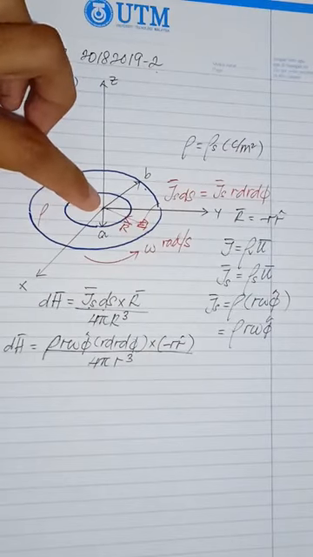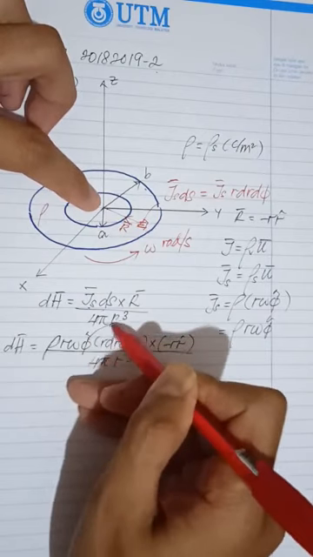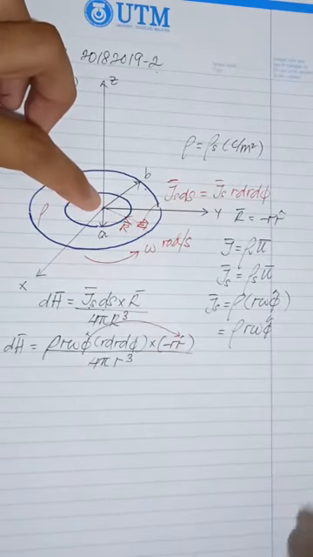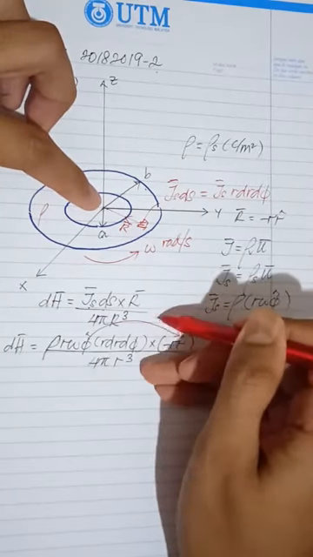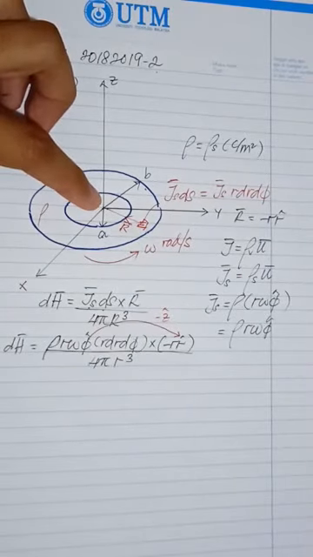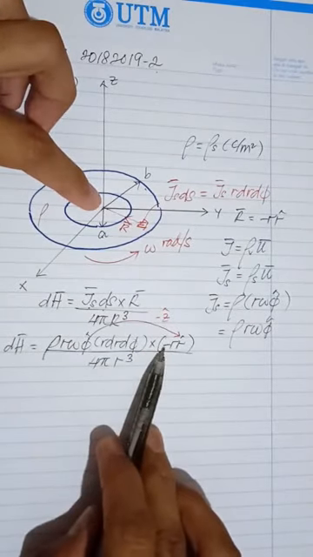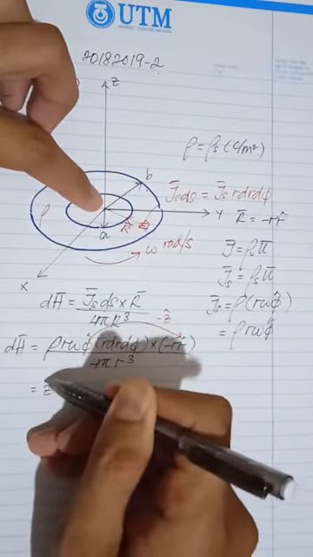So now let's do the cross product between phi and r. What will you have? The phi cross r will give a negative z. Negative times negative is going to give a positive one, so here we're going to have a positive z.